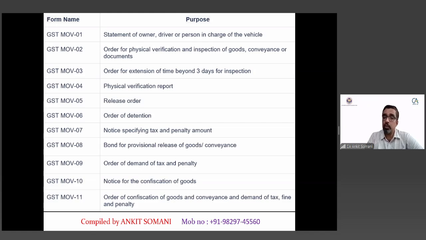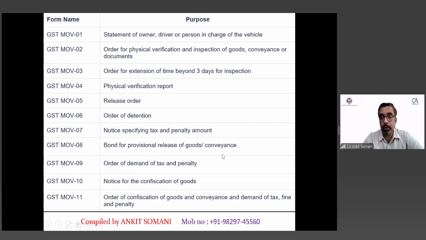MOV-06, order of detention. MOV-07, notice specifying tax and penalty amount. Now this notice is very important. It can be seen that sometimes the notice is not being issued, or is not being issued within the standard limit. Correct? Then MOV-08, bond for provisional release of goods or conveyance.